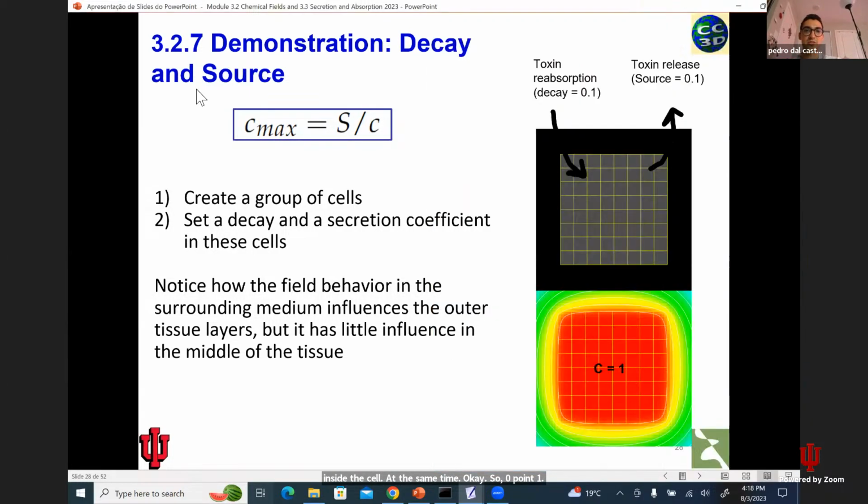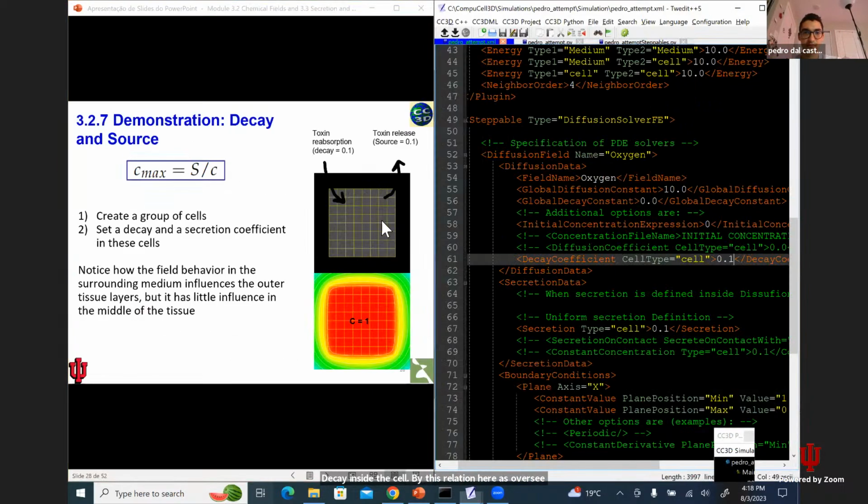By this relation here, S over C, what do you expect? Well, if the decay constant is 0.1 and the secretion is 0.1, inside the cells you expect a maximum concentration of 1. So let's run and see.